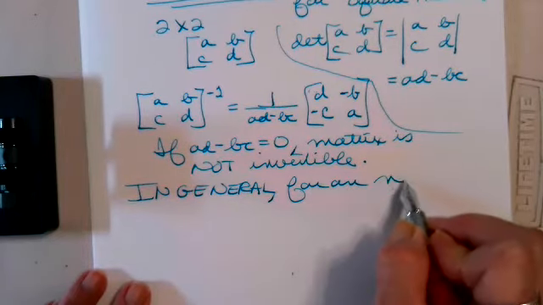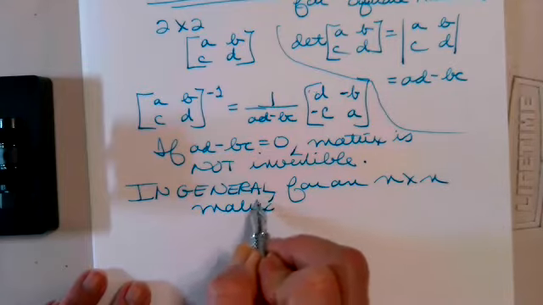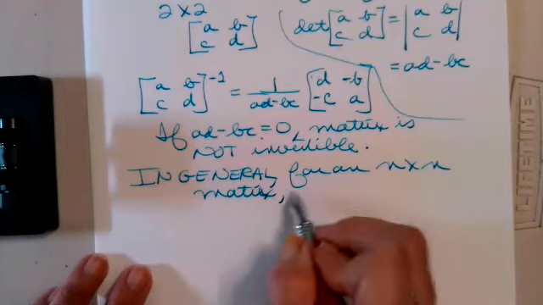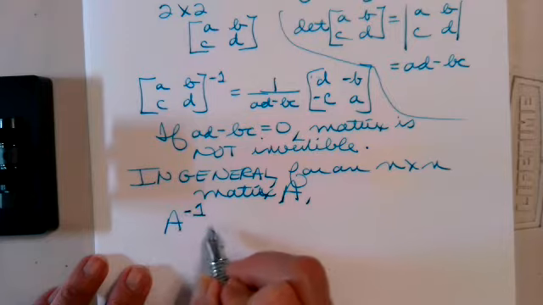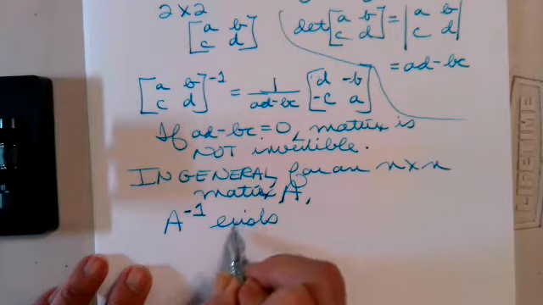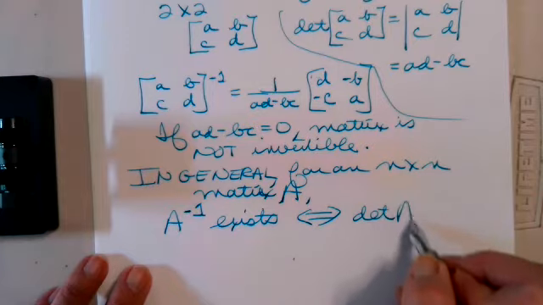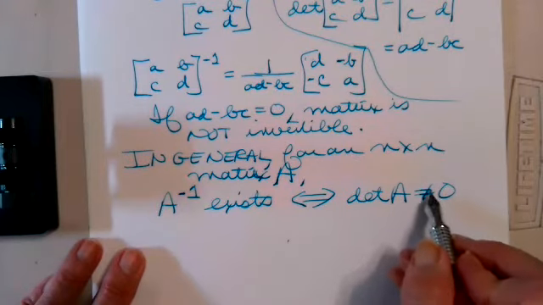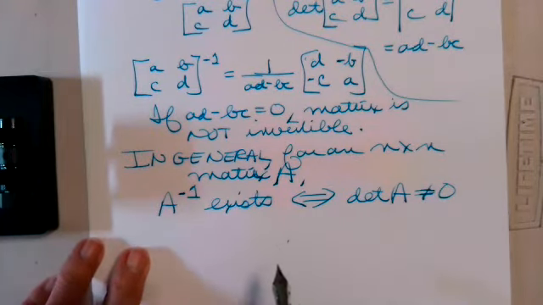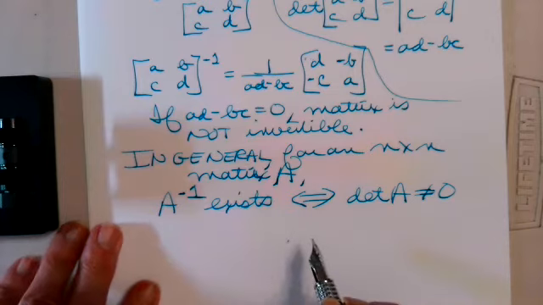For an n by n matrix, that is, any square matrix, let's call it A, the inverse exists if and only if the determinant of A is not equal to 0. Okay, so determinants are important because if the determinant is 0, the matrix can't have an inverse. It's not the only reason they're important, but that's one of the reasons they're very important.